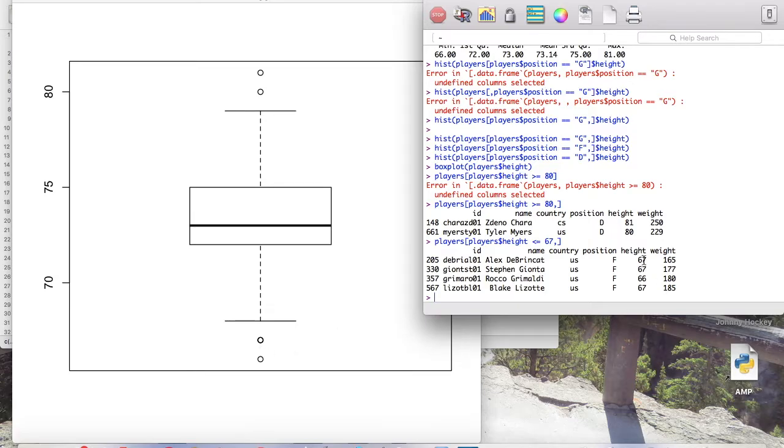That makes sense here because there are 3 players that are 5'7". There's one that's 5'6". So Alex DeBrincat, I think, with Chicago is 5'7". And offhand, I don't know what teams the other 3 players are on. But these are all outlier values. And then this solid line here is the smallest value that's not an outlier.